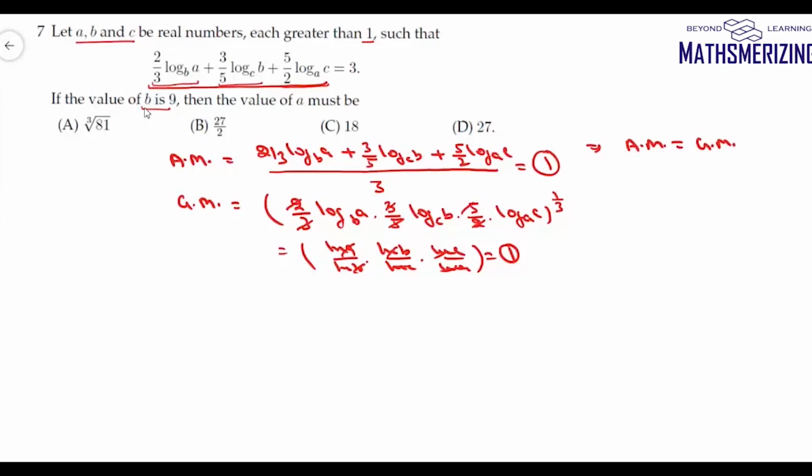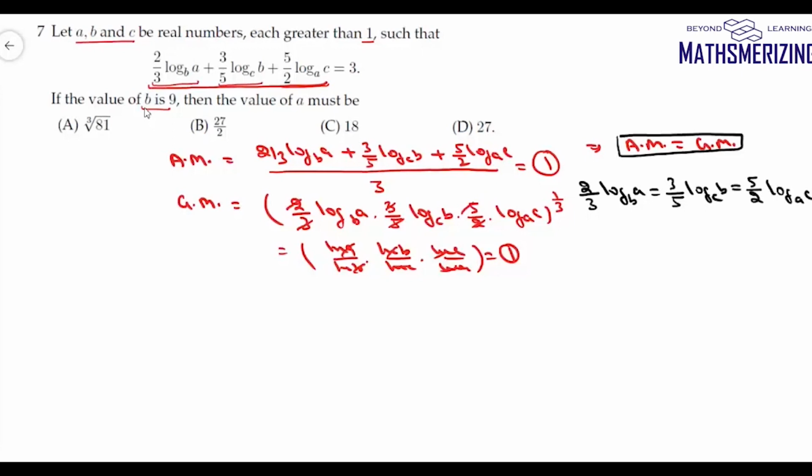Now we know that arithmetic mean is equal to geometric mean only when all the numbers are equal. So that means the condition I'm getting is 2 by 3 log a base b is equal to 3 by 5 log b base c is equal to 5 by 2 log c base a.